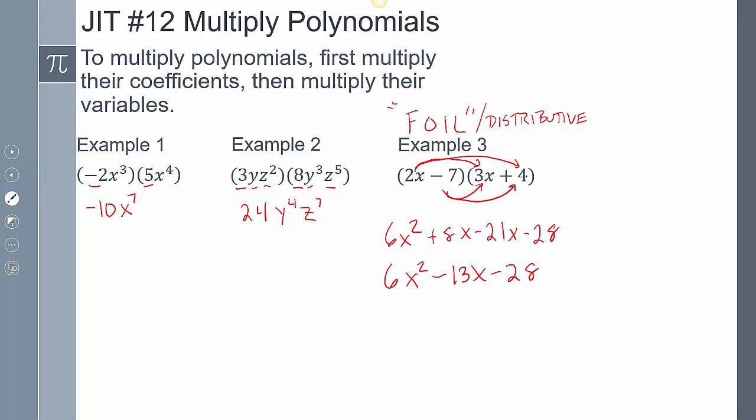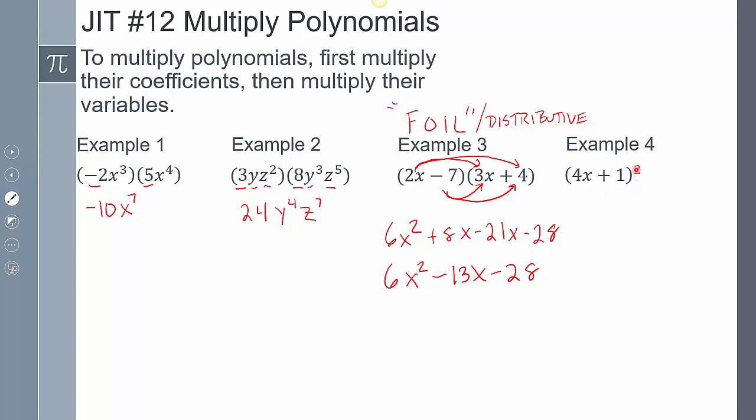And so after we multiply everything through, combining like terms, 6x squared, 8x minus 21x, that gives me negative 13x, and then minus 28. Now example number 4, don't let this deceive you. I know we talked about exponents and we thought, oh, we just take the square and we distribute it. That can't be applied here because of that plus.